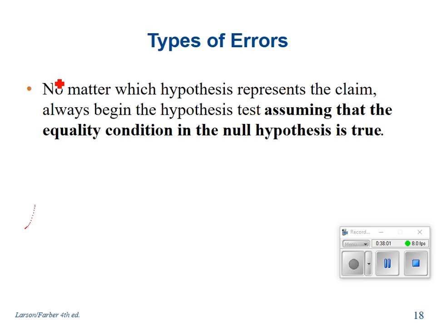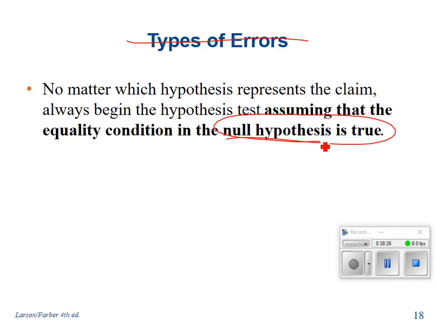All right, there's two types of errors. There's two different types of errors, and this probably shouldn't be here. That's on the next slide. No matter which hypothesis represents a claim, always begin the hypothesis testing assuming that the equality condition, or the null hypothesis, is true. So we're always going to start off thinking the null hypothesis is true.